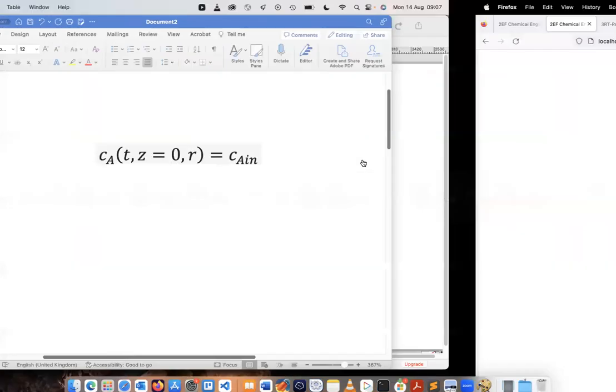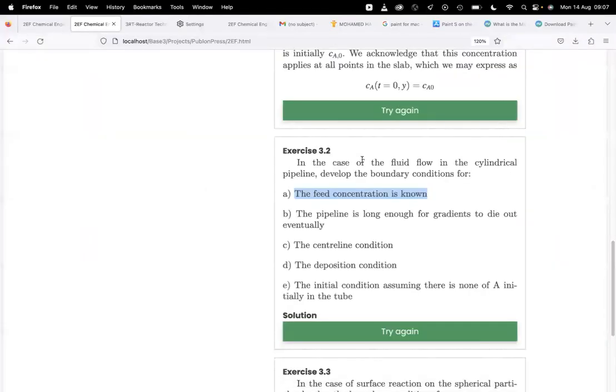For the next one, the pipeline is long enough for gradients to die out eventually. So take a minute and sketch out the way that you would express this in terms of the balance we've defined.